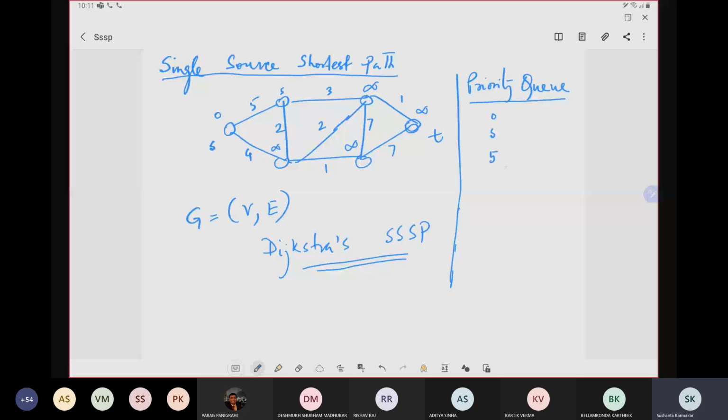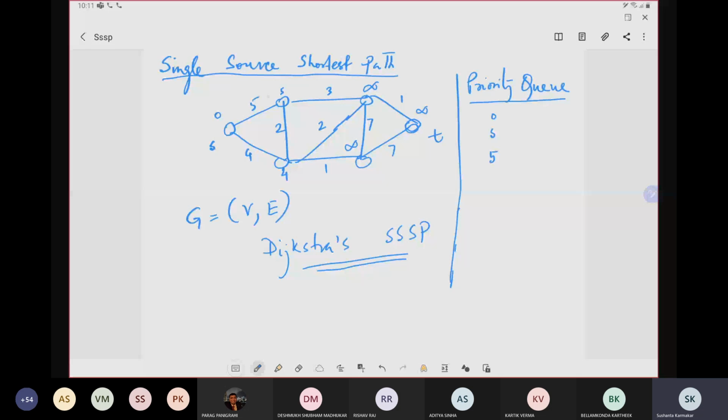Then I remove this infinity and put a 4 here. Among all the neighborhood, I change the infinity values to realistic values through which I can reach, 4 and 5.